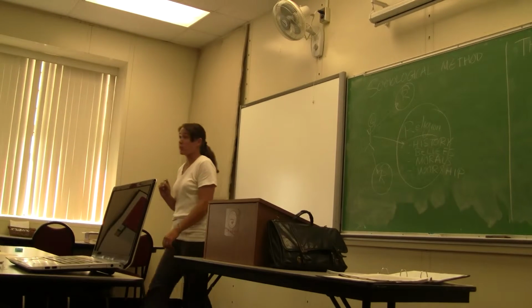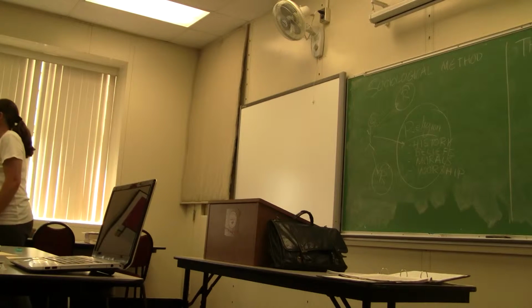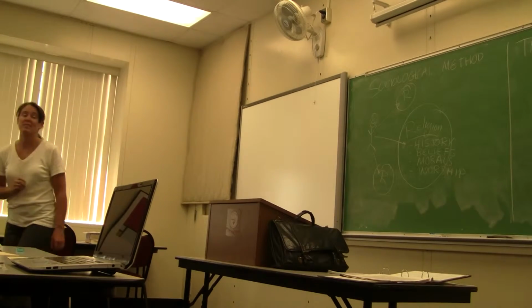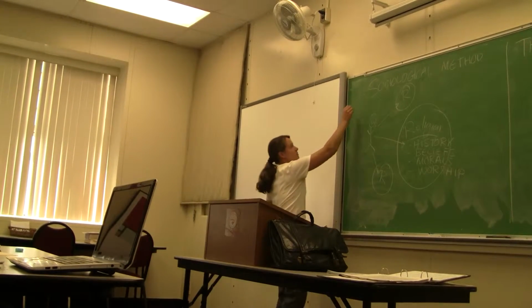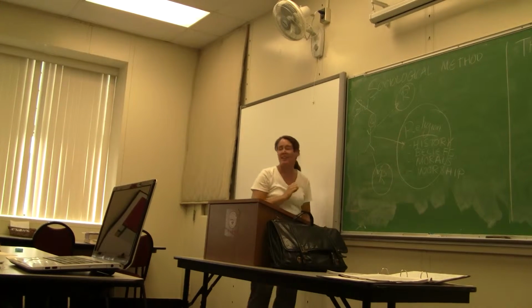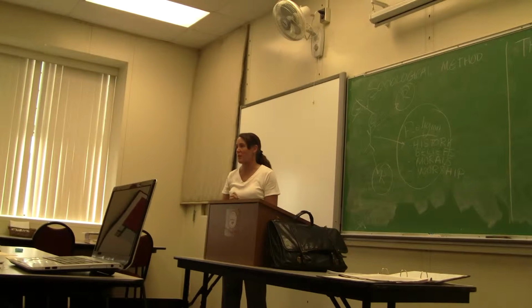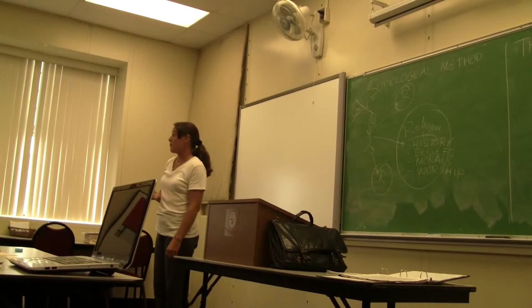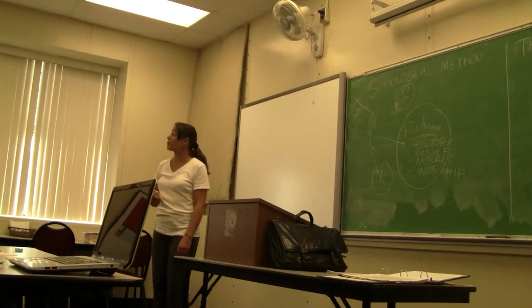There are certain questions that the sociological method does not answer. It does not answer the question, is there a God? This method does not answer that. It's not even relevant to the method. So that question, you will not get an answer to from the sociological method. It does not answer the question, which religion is the right one?